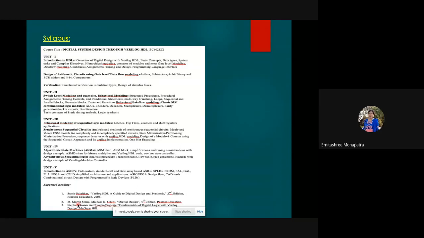One author is designing the digital circuit and the other, Ciletti, is writing the code for that digital design, right? So in one book you will get the digital design as well as the code for how to design the digital circuits. This is another book for those who have forgotten the concepts of digital design, and what combinational circuits and sequential circuits are.